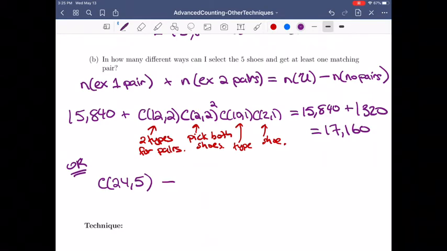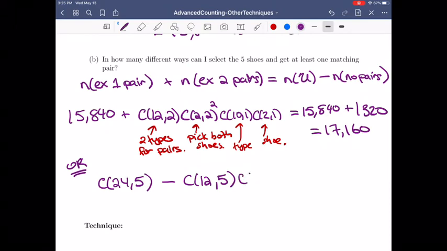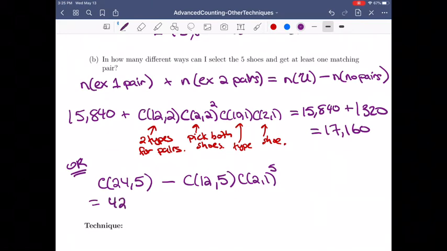Or if we use the complement, the universe is just pick 5 shoes from the 24 shoes, and then I'd want no pairs. That means from my 12 types, I want 5 different types, and then from each of these types, I'm going to take 1 shoe. So using this way, we're going to have 42,504 minus 12 choose 5 times 2 to the power 5, which is 2,112.